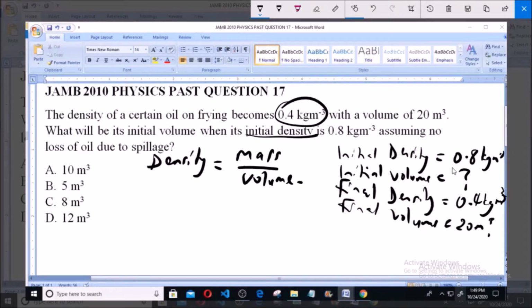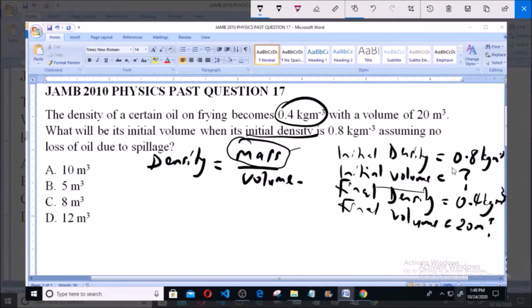Now you have a complete set of values for final density and final volume. So to solve this question, you will find the mass of the oil and then substitute the value of mass in this same formula using the initial density to find the initial volume.